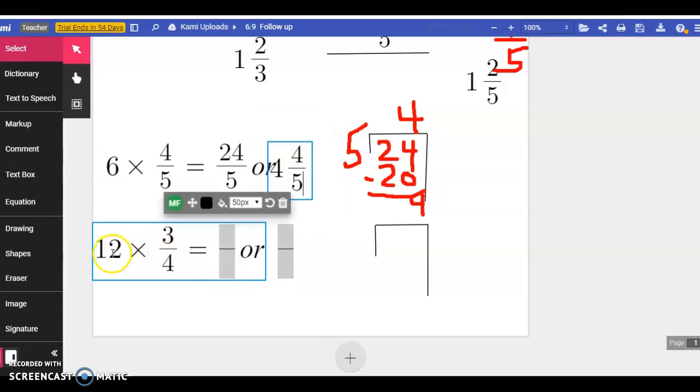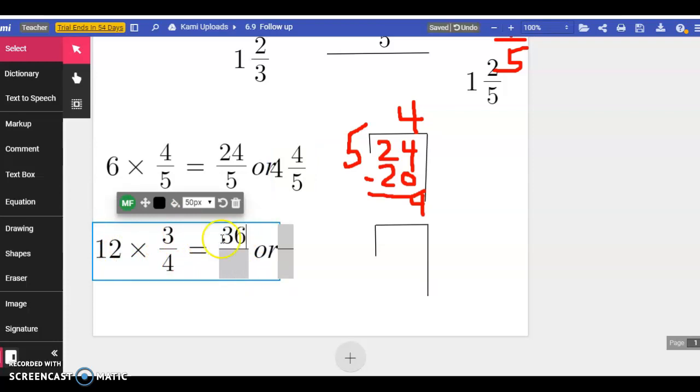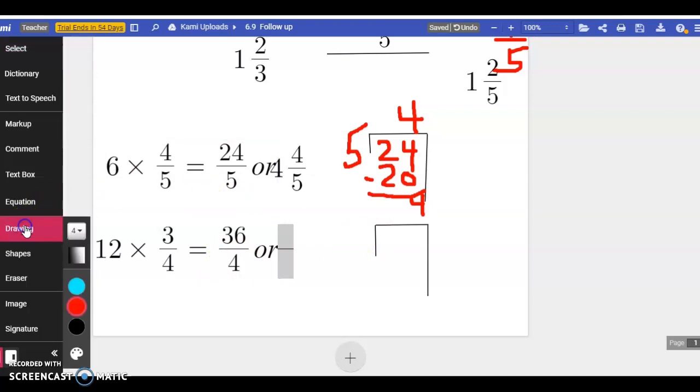Okay, let's look down here. 12 times 3 is 36. Our numerator stays the same. So now I'm going to need to divide.